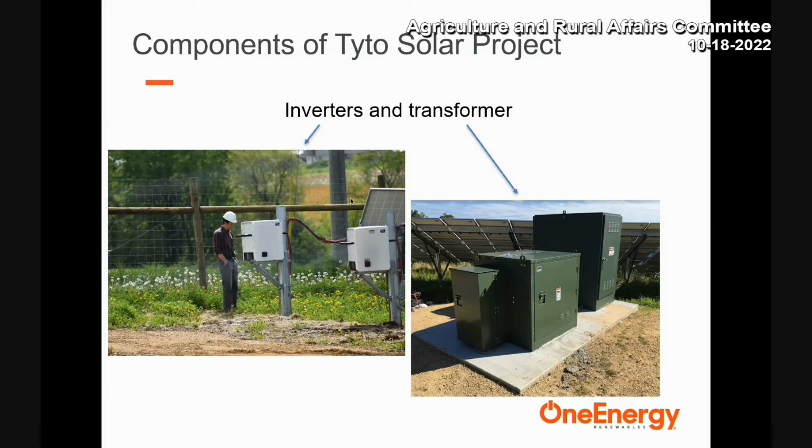So the only concrete pad that we're planning is for the transformer and the switchgear, and that would look similar to the picture on the right. It's a transformer like what you'd see at a large department store. But other than that, there's basically just gravel access drives and then a gravel laydown yard, and the rest of the equipment is mounted on driven steel pilings.